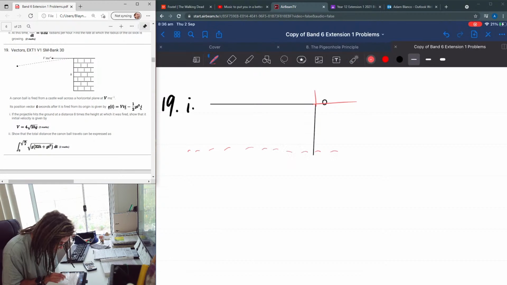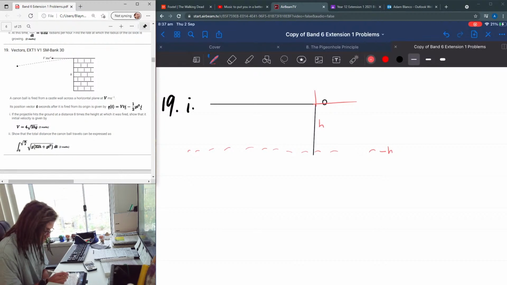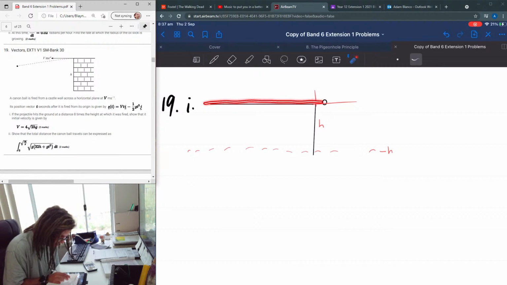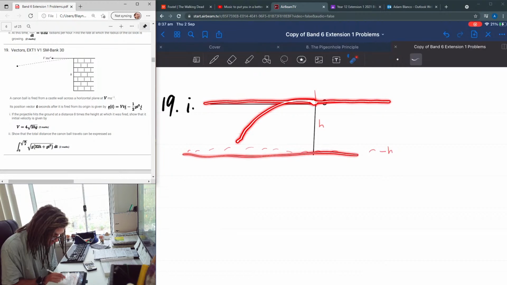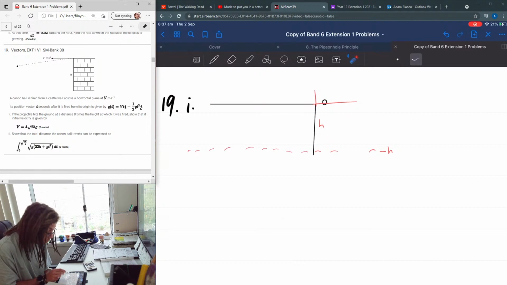But the ground is, if this height is h, then this is negative h. So you're normally looking for x equals 0, but if it's starting at 0, because that's what they told us in the question, then the point where it hits the ground is where y equals minus h, the height.